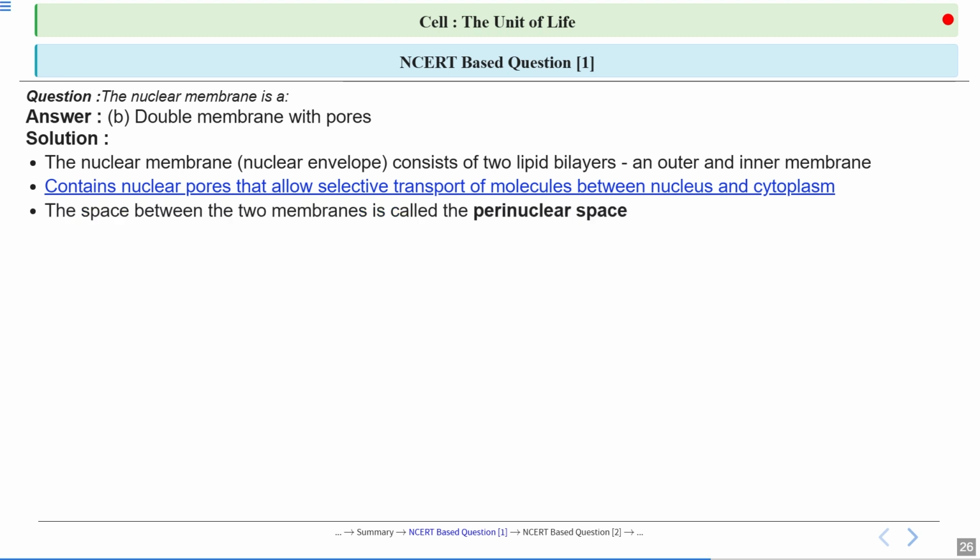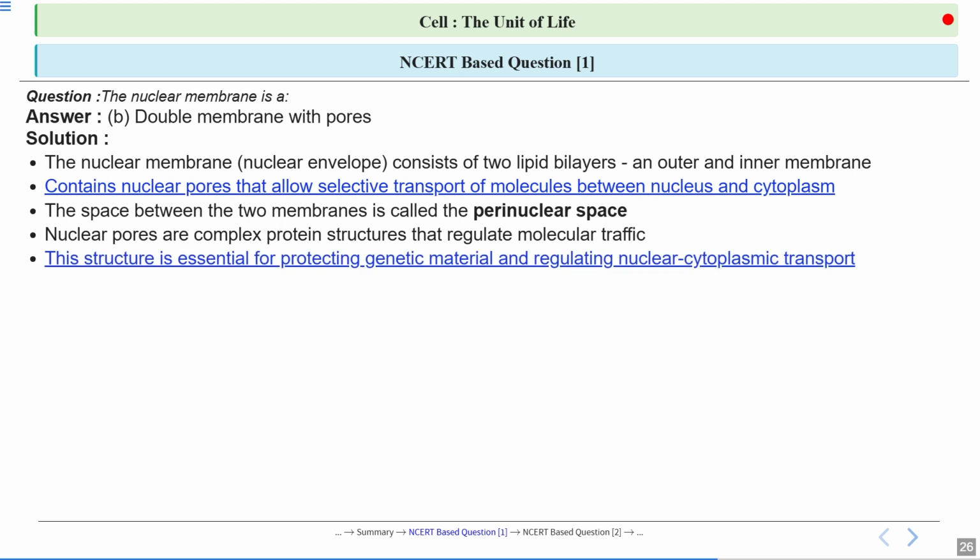The space between the outer and the inner membrane is known as the perinuclear space. Nuclear pores are complex protein structures that regulate the molecular traffic.